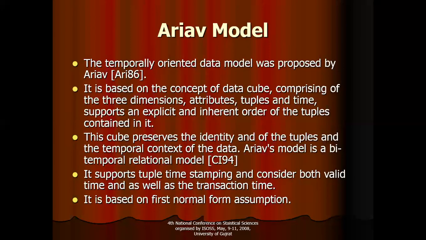Whenever we say a bitemporal relational model, it means that we are incorporating two dimensions of time. As you know, there are two basic concepts of time, which are recognized as the valid time and the transaction time. So at that time, Arrive introduced the concept of bitemporal, and he introduced that concept into the relations.